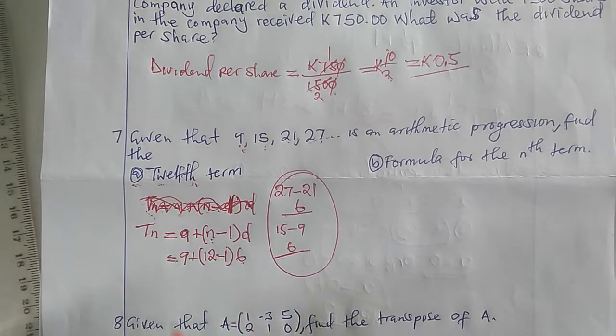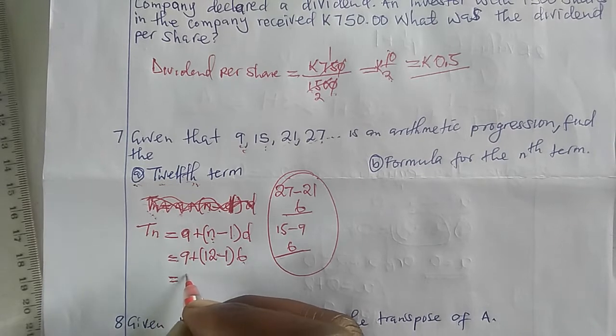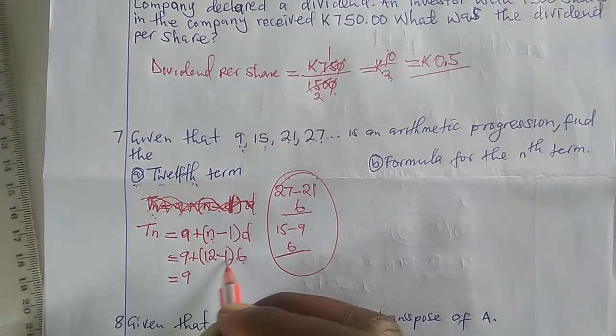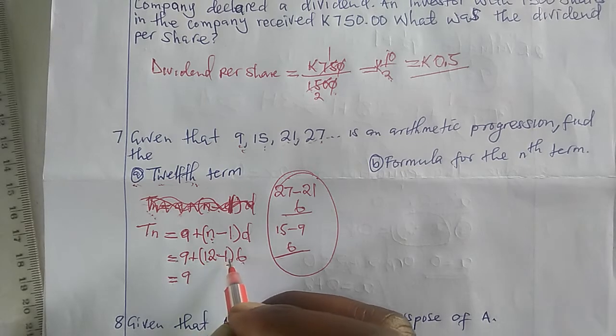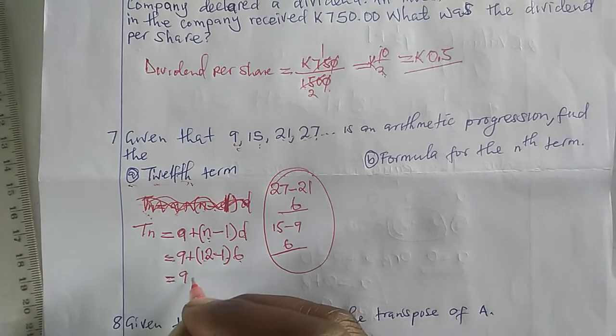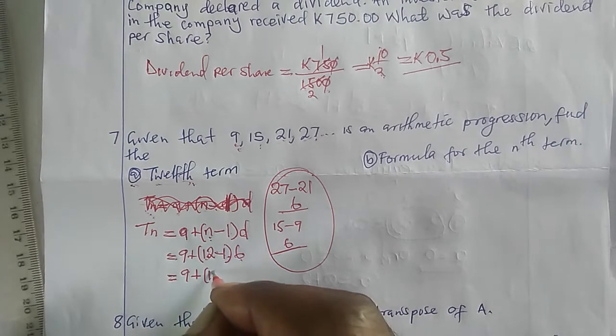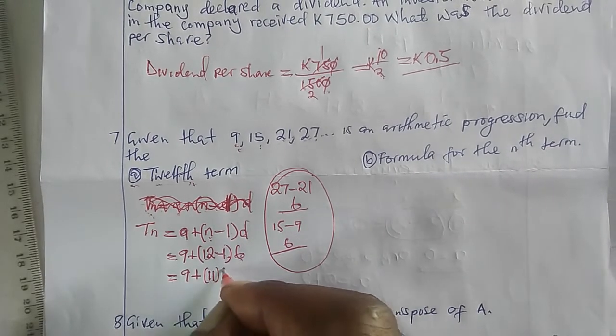Now, once I've done that, we say it is equal to 9, then we find the difference of 12 minus 1, which gives us 11. So we say plus 11 multiplied by 6.